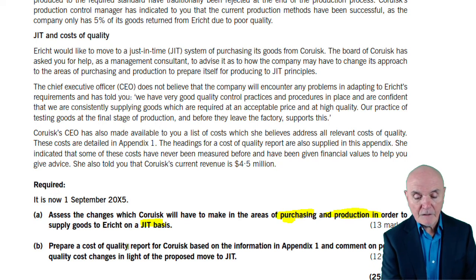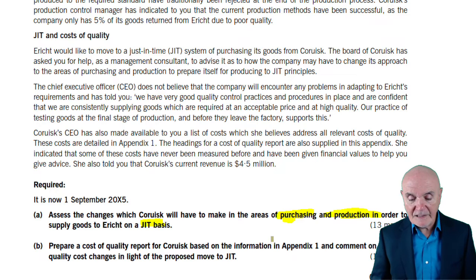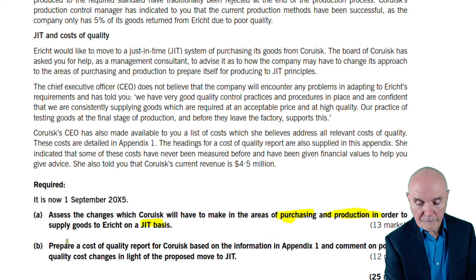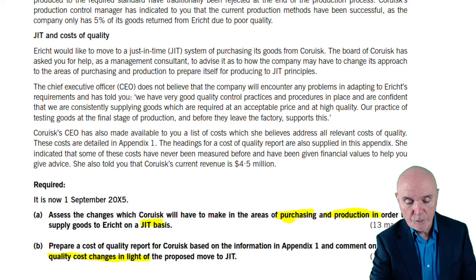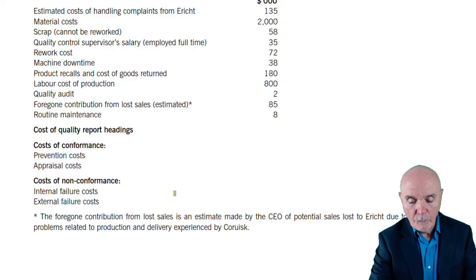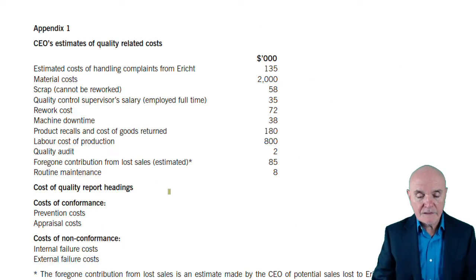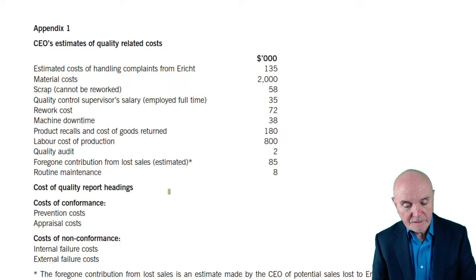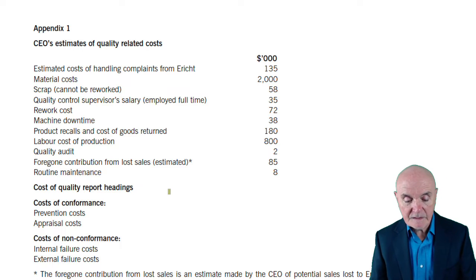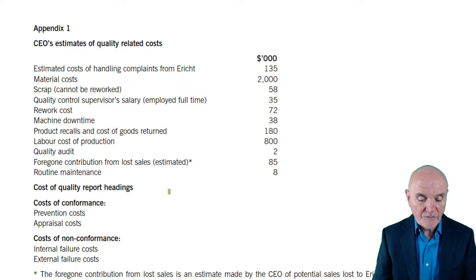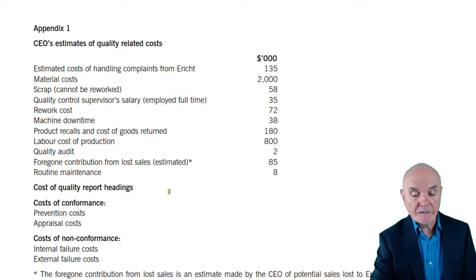And then prepare a cost-quality report based on information in Appendix 1 and comment on the potential quality cost changes in the light of the proposed move. So let's have a look at one here. Oh yes, we've got all these different quality related costs, and they want the report on the normal basis of conformance, non-conformance, internal, external, prevention, appraisal, and so on.